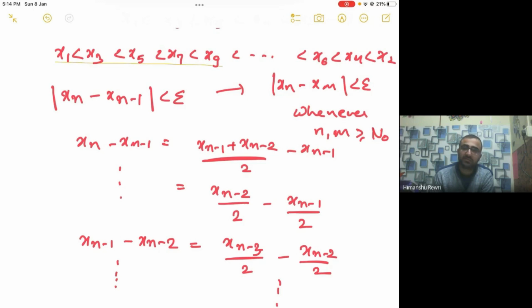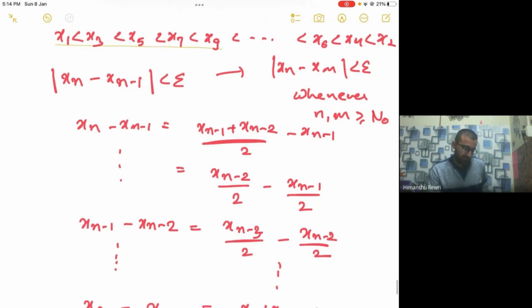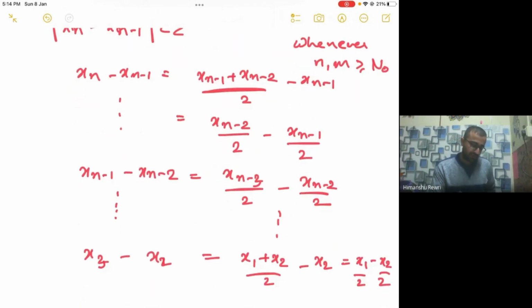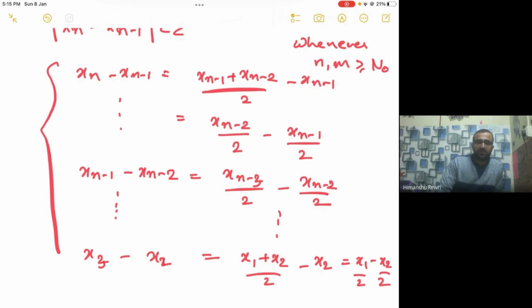Yes. Shashank has commented to just put values of n. Tell me how we will do it. Okay, just add these terms. Can you get anything from that? So all these terms will cancel out.